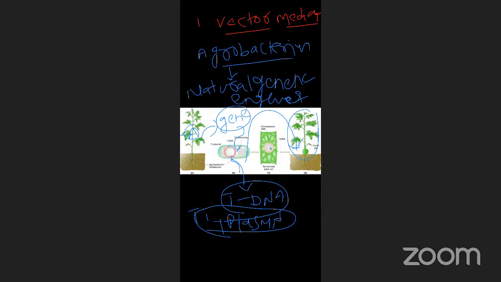Now this desired gene multiplies inside the B plant body. As a result, it produces a number of DNA, RNA, proteins, and also expresses the character. Which character is expressed in B plant?